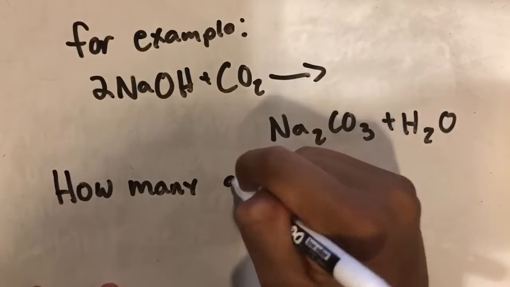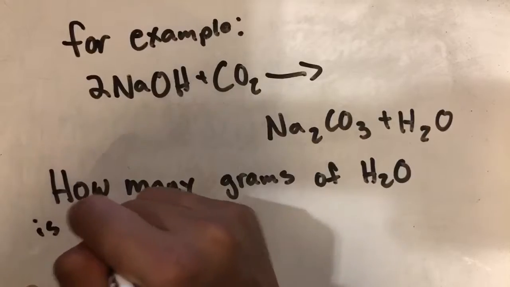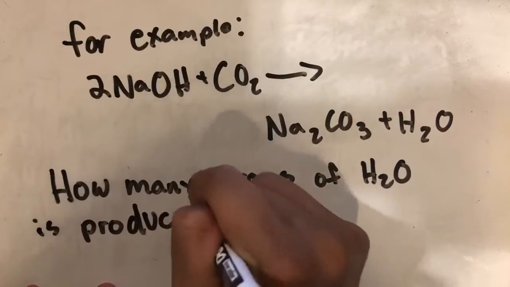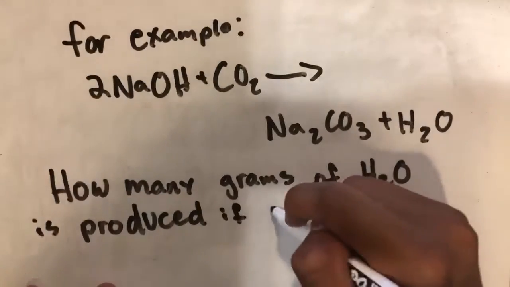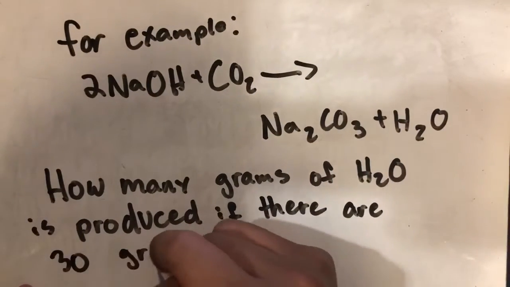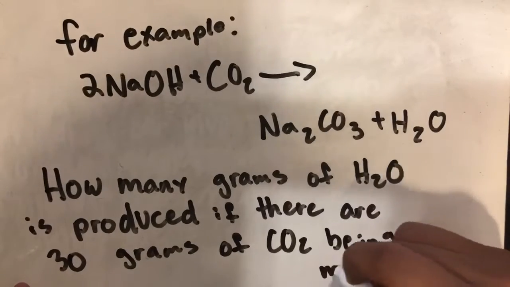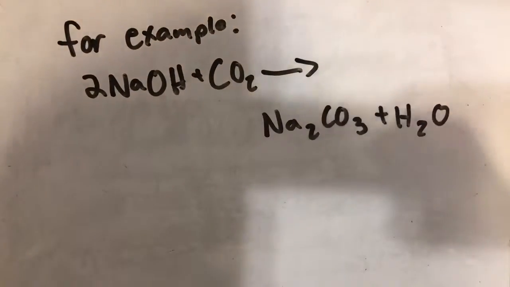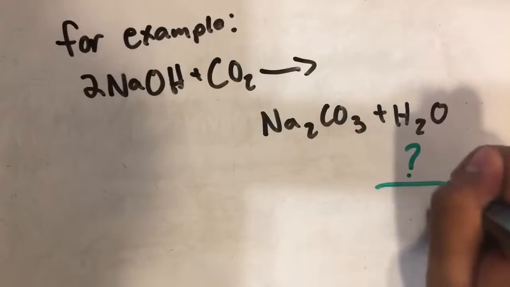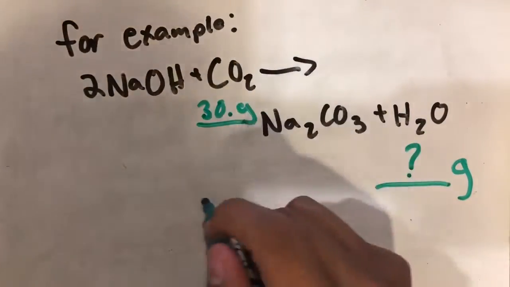For example, we have 2 NaOH plus CO2 is turned into Na2CO3 plus H2O. How many grams of H2O are produced if there are 30 grams of CO2 being mixed? Since it is already balanced, we just have to focus on the important information.